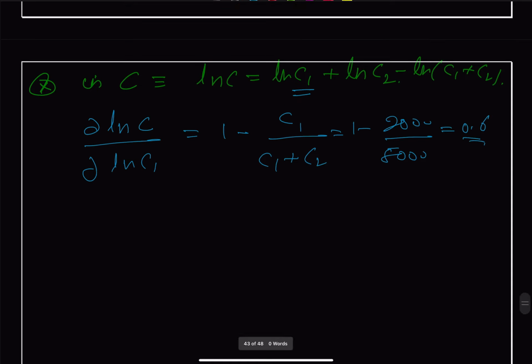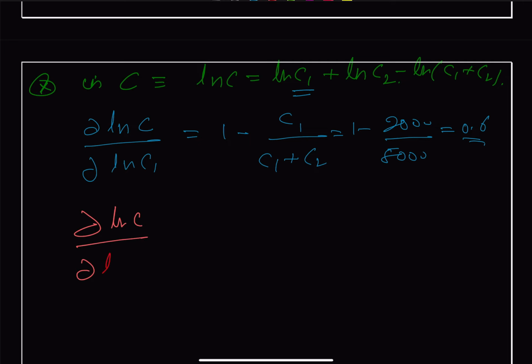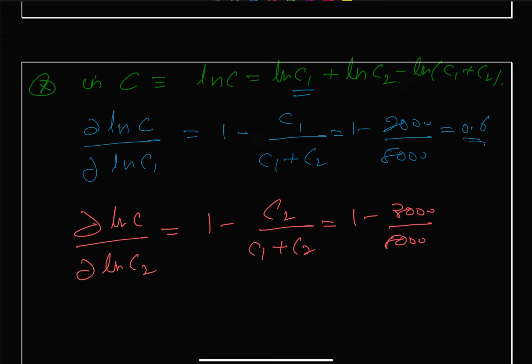Similarly, we do a partial derivative for our C2 also, natural log of C2. So this comes as partial derivative of our C with respect to natural log of C2, giving us 1 minus C2 upon C1 plus C2, giving us 1 minus 3000 divided by 5000, which will be 0.4.